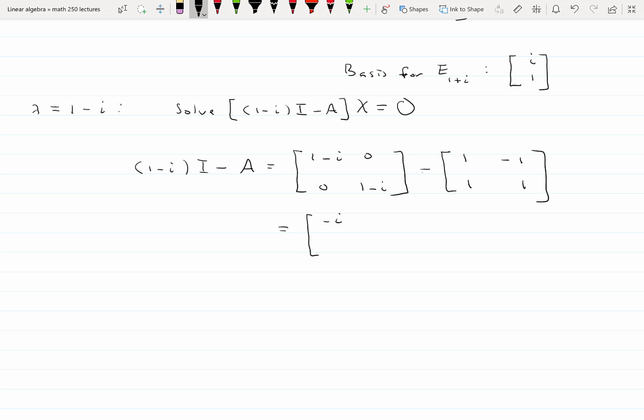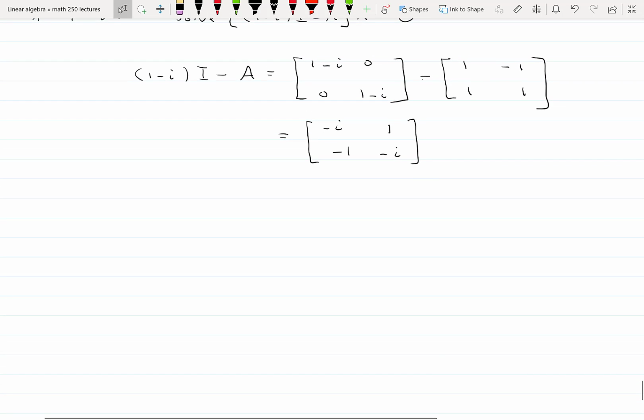When we perform this arithmetic, we get negative i, 1, negative 1, and negative i. So we're going to augment the matrix (1 minus i) times capital I minus A with the 2 by 1 zero vector in R2.